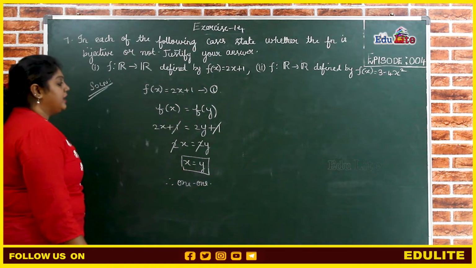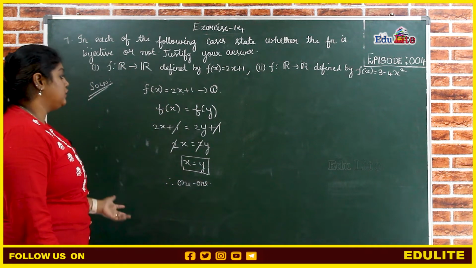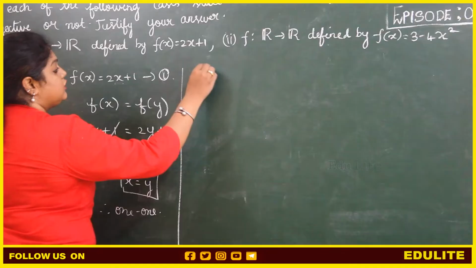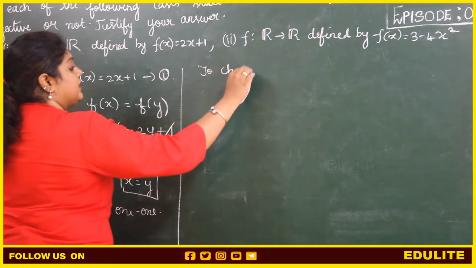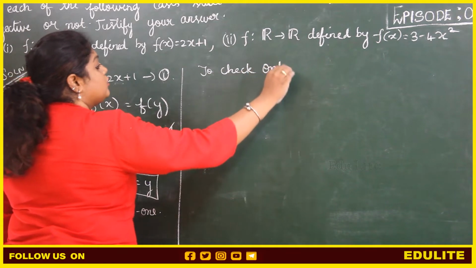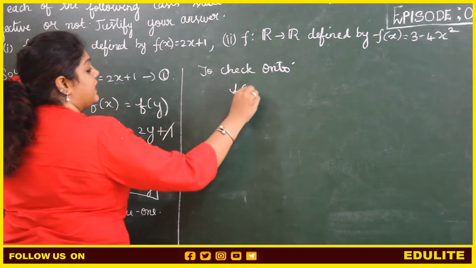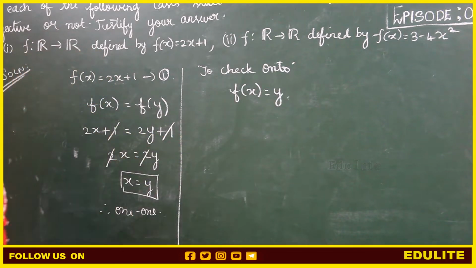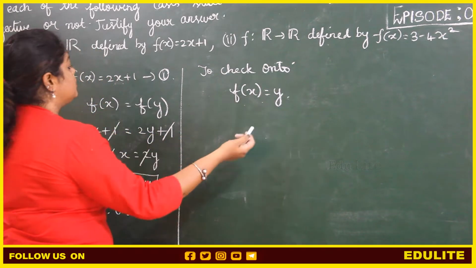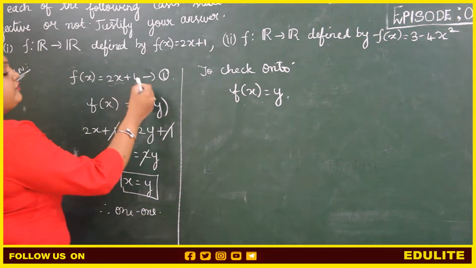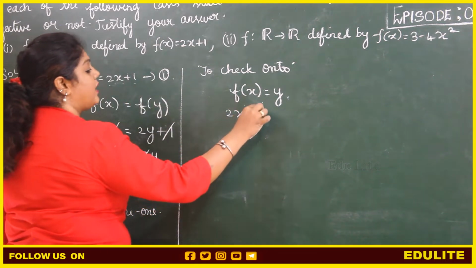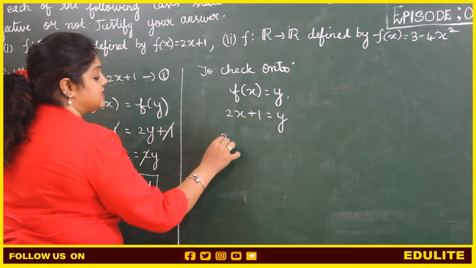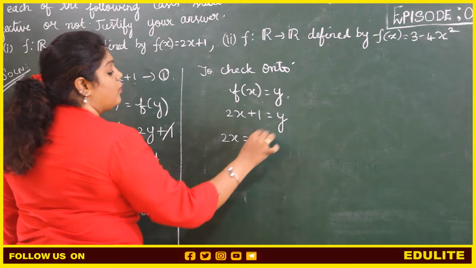Next, we can show it is onto. If we show it is onto, then we can say that the first option is bijective. To check the onto condition, I am going to consider f of x equals y. If f is a mapping from x to y, then f of x equals y. It can be written in such a way. F of x is given as 2x plus 1, which equals y. From this, I will write the value of x. 2x equals y plus 1.